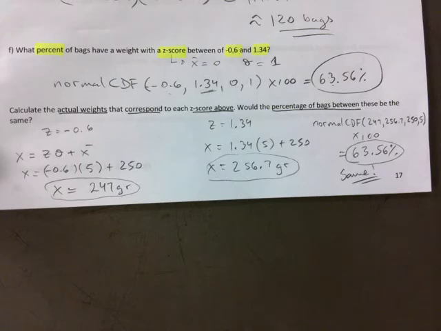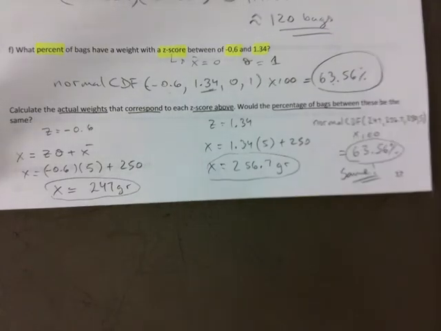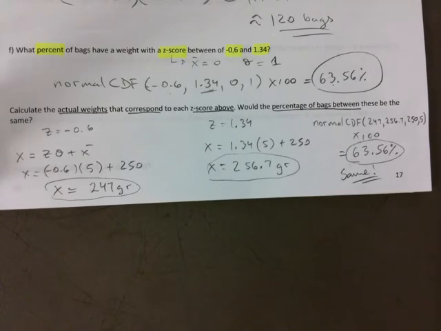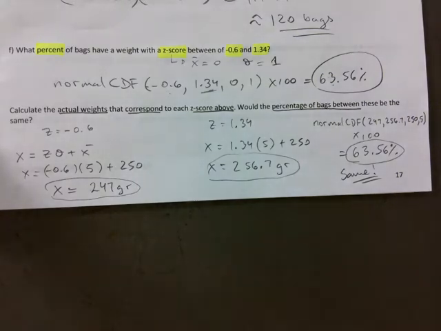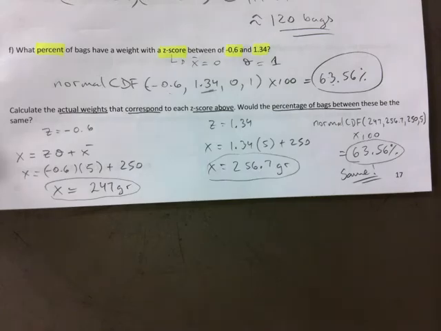Does that make sense? If you use 0 and 1 there, you would get negative 0.6 all over again, so you can't use that there.